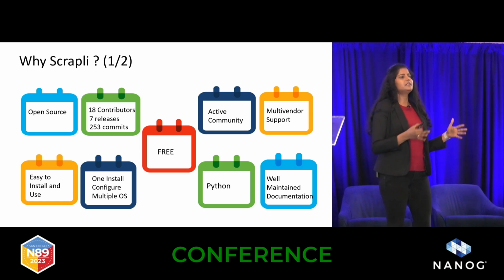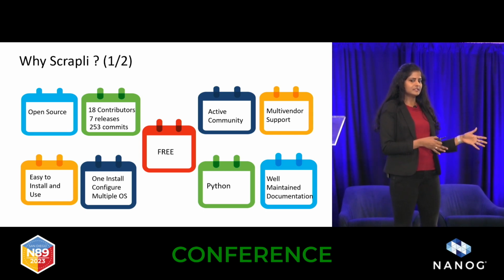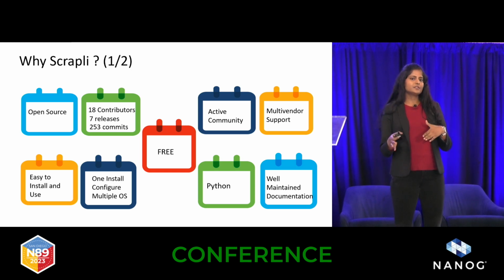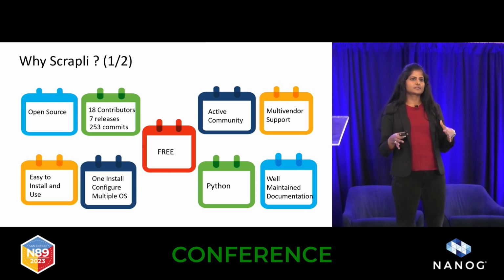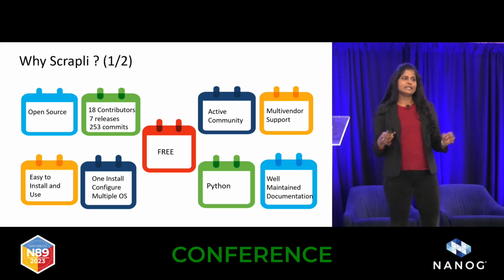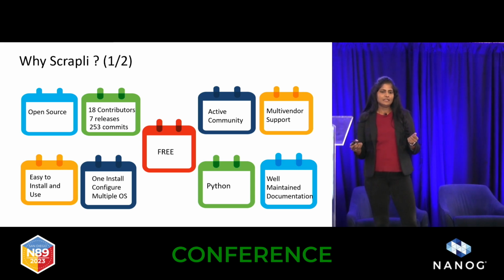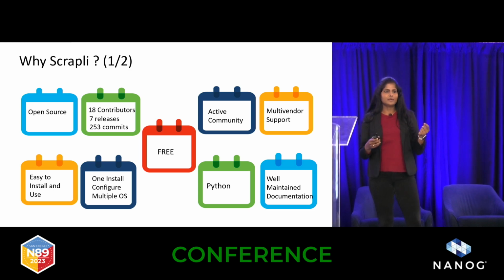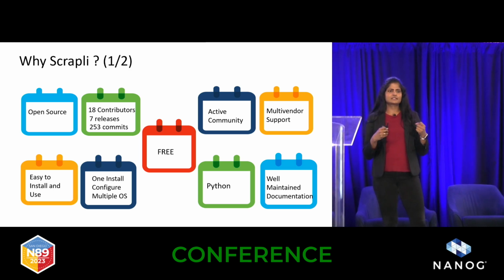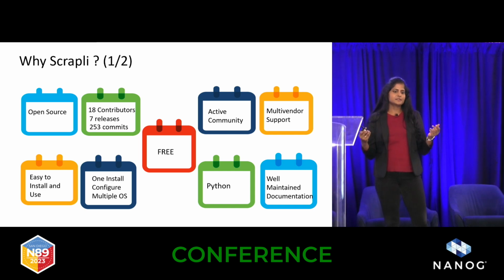I understand there are other network automation tools, but the main advantage of this tool is it's simple to use. It's easy to install, just pip install Scrapli, and it's a very lightweight tool. It takes less time and less memory to have it in your system.